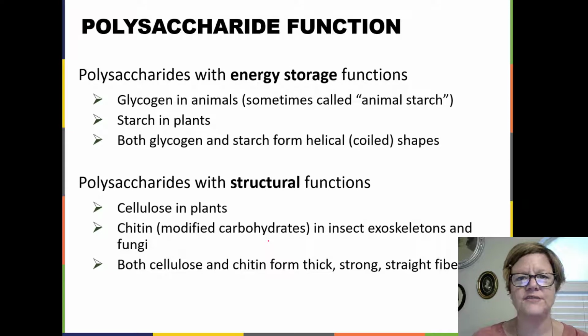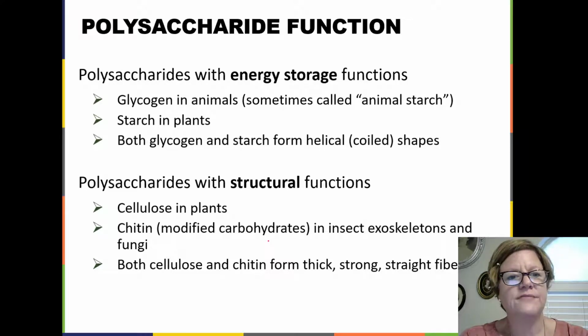All right. So polysaccharides that have energy storage functions, one is called glycogen. That's only in animal cells. And then plants have starch, and that's the energy storage form. So if we're talking about energy storage in animals, we would refer to glycogen. If we refer to energy storage in plants, we would refer to starch.